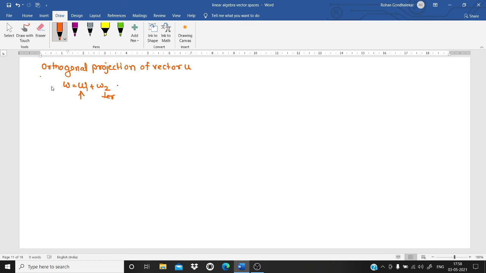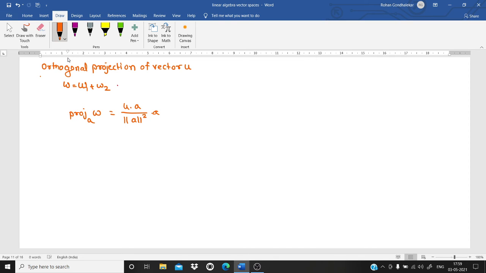So how do you calculate these projections? If I want w1 in the decomposition w1 plus w2, what is w1 first? The projection of u in the direction of a will be given as u dot a upon norm a square into a vector.